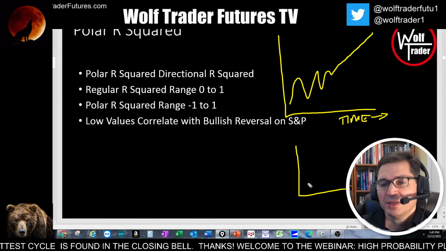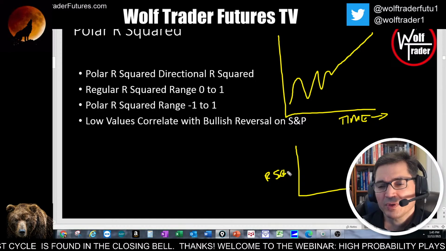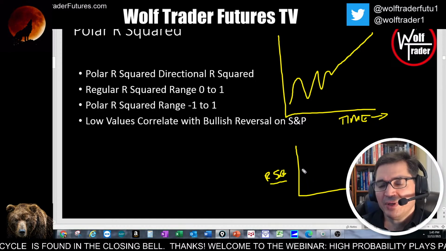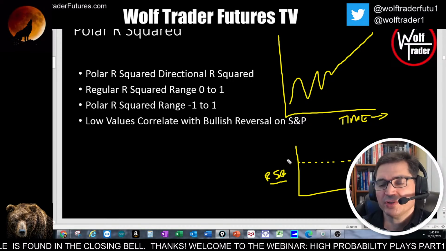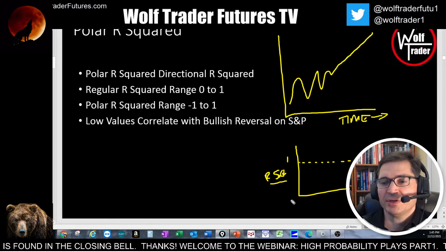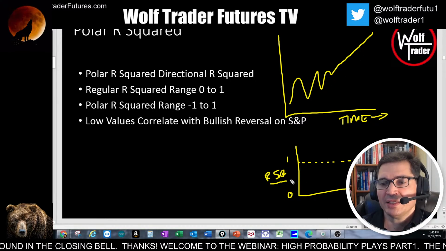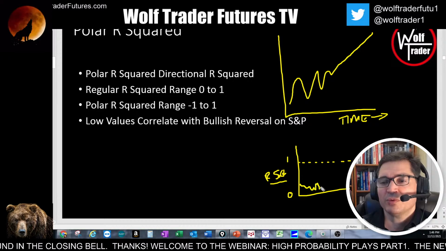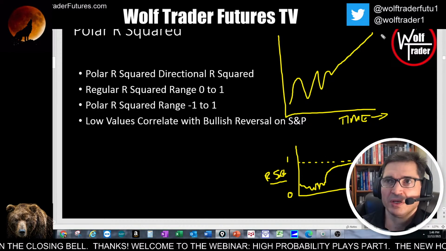The R squared gets up, the maximum is 1, which is a perfect correlation to a linear line, and 0 means there's no trend. So if the market is waving around, the R squared will be down, but then it'll start getting strong when the market gets into a linear trend.